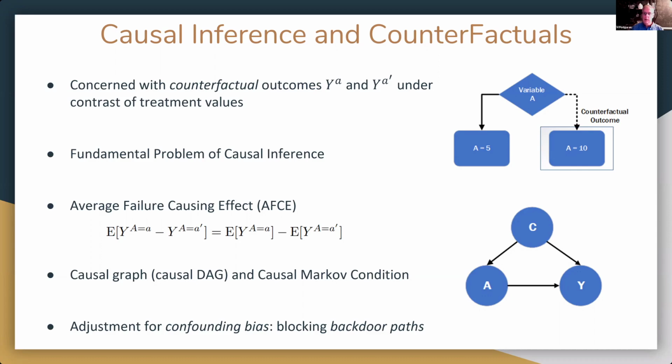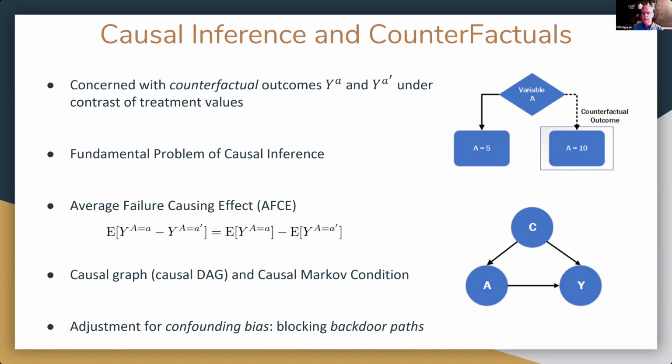To guide the causal inference process, researchers use causal DAGs, or directed acyclic graphs. These are DAGs in which the vertices represent study variables and the arrows represent causation.